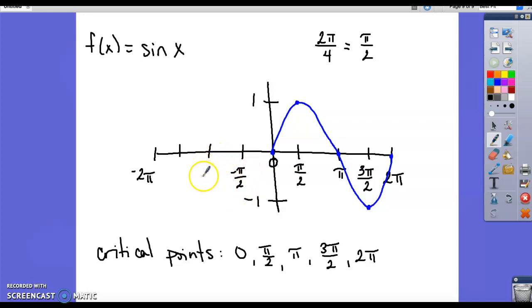Negative pi over 2 minus pi over 2 is negative 2 pi over 2, or negative pi. Negative pi minus pi over 2 is negative 3 pi over 2. Negative 3 pi over 2 minus pi over 2 is negative 4 pi over 2, which is negative 2 pi. The graph continues the pattern, so I would be at my min, at the x-axis, at my max, at the x-axis. And so there's my graph.